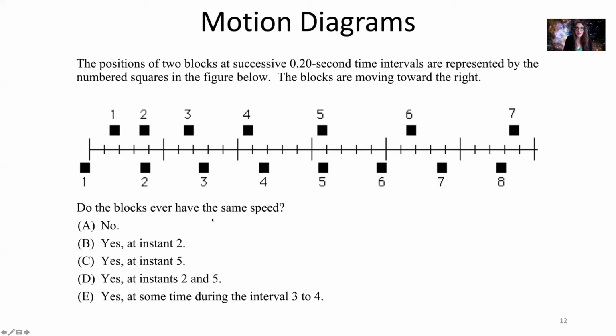So do the blocks ever have the same speed? We could say no, or at a couple of different instances. So let's look at these here. So we know that between all these consecutive time intervals on the bottom, the unit distance between them is 4 meters. Remember, the speed is the distance over time.